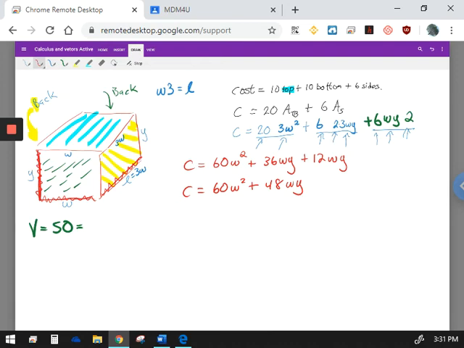You guys okay with that? So it's w times y times 3w. Or it's 50 equals y w squared times 3.